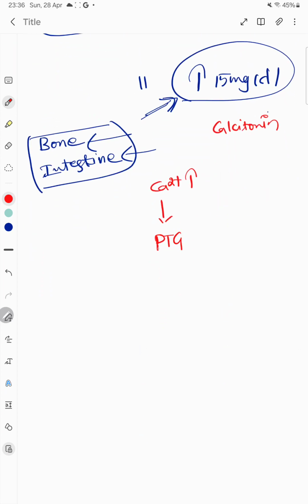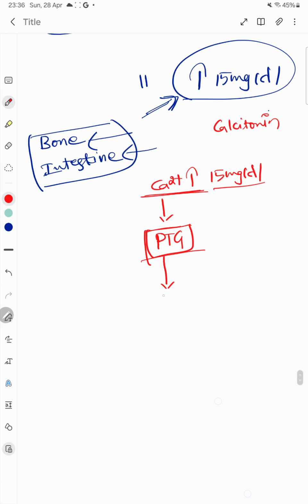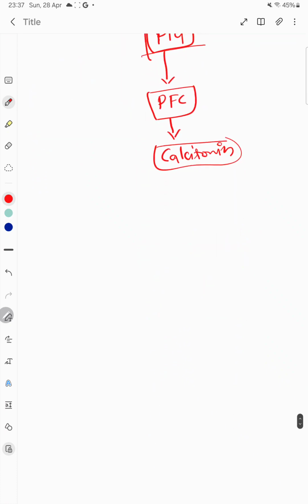I am writing in short forms here, understand. The parathyroid gland, in response to increased calcium levels, that is 15 mg per dl, which is high calcium, hypercalcemia, or sometimes 18 also, 19 also, that increased calcium level signals to the parathyroid gland. This parathyroid gland immediately sends a signal to the parafollicular cells. These parafollicular cells synthesize a hormone called calcitonin. The calcitonin now came into action.